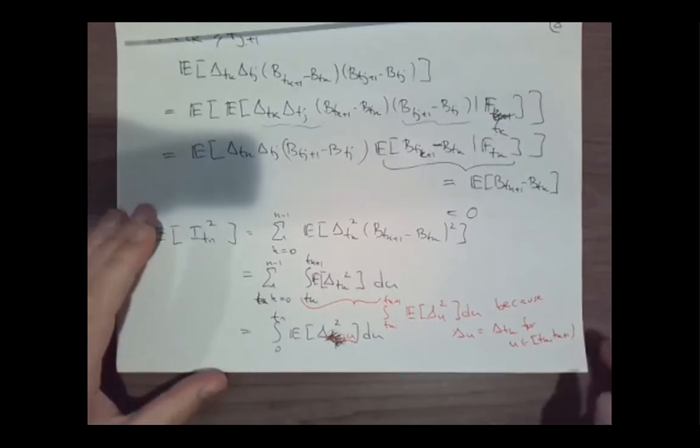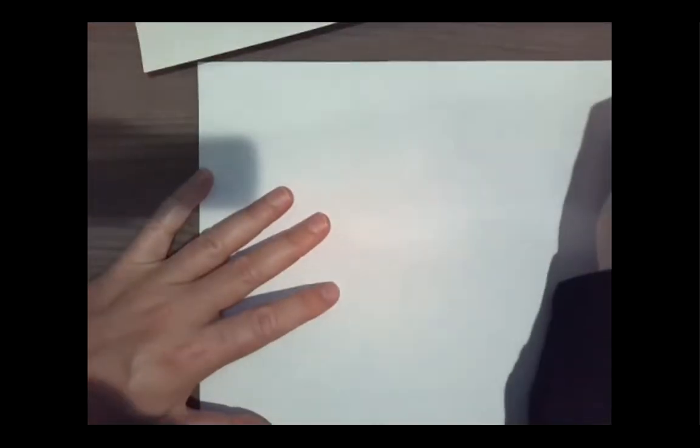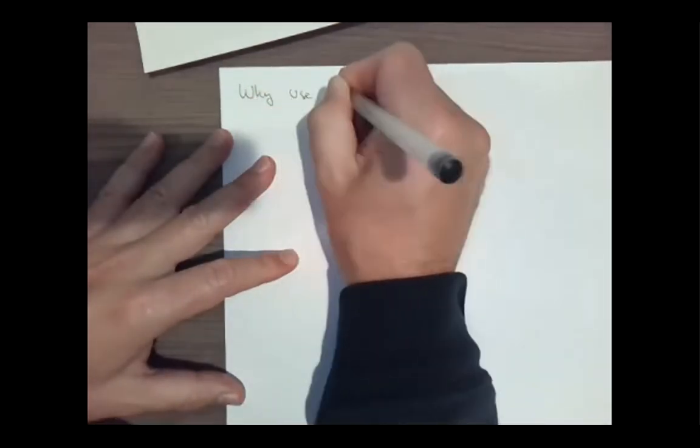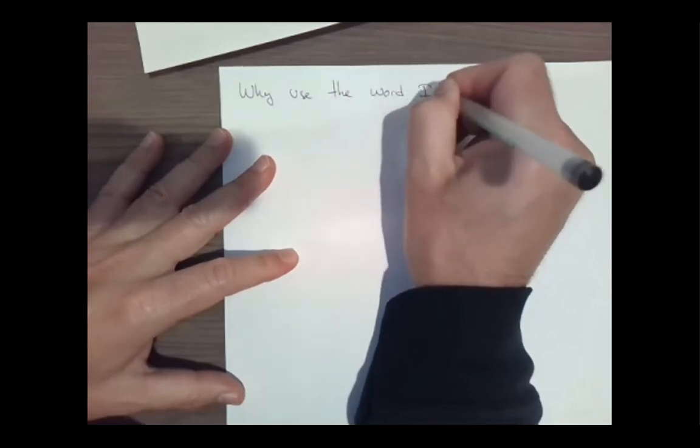Wait, why is it called an isometry? What is it preserving? Why use the word isometry?